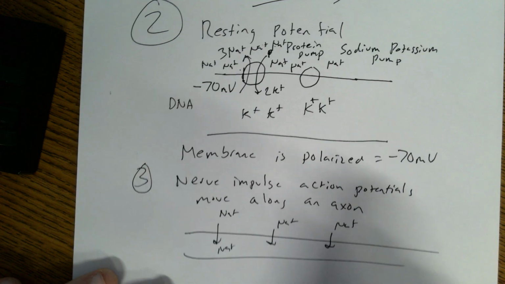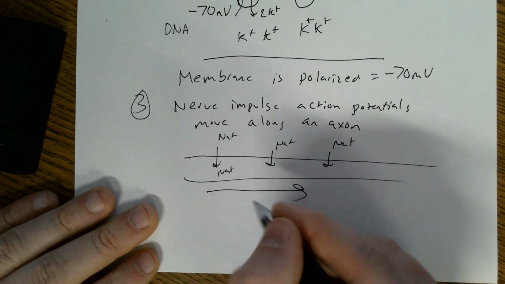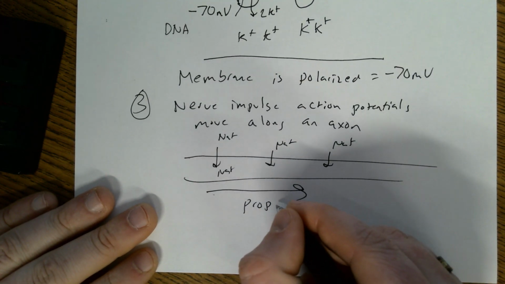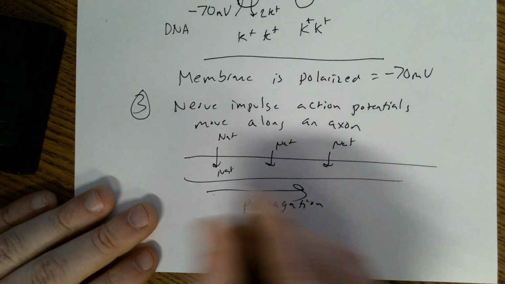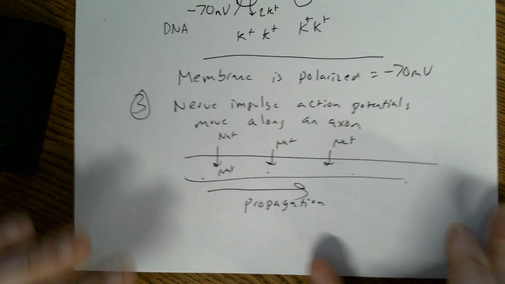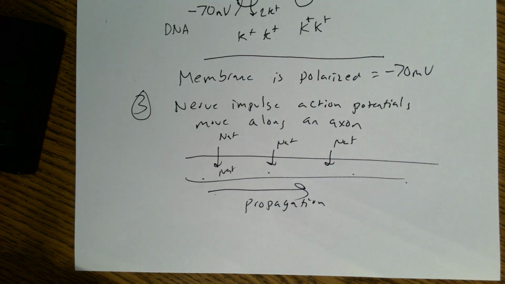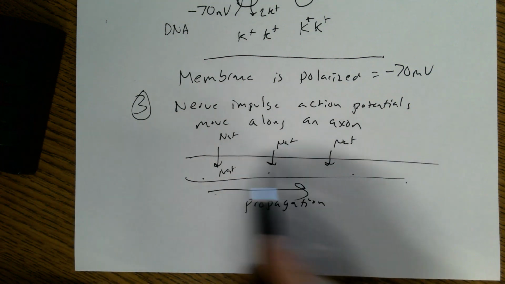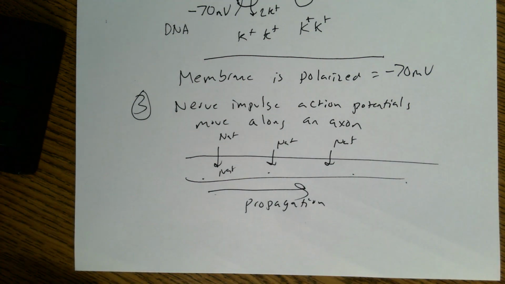This is called propagation. It'll jump along the axon, and you're sending the signal that way. So a nerve impulse is when the action potentials move along an axon through the nerve fiber.